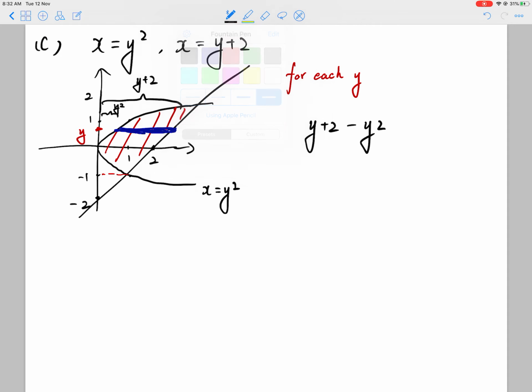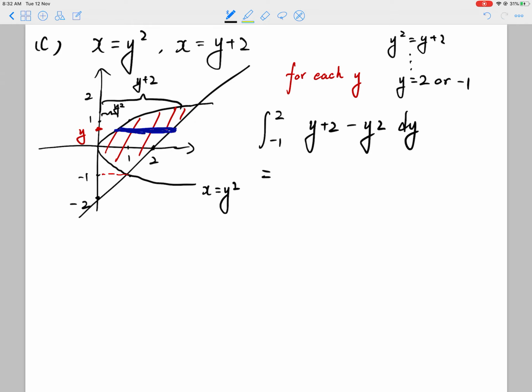Because if you equate these two equations, y squared equals y plus 2, you solve it, y equals 2 or y equals negative 1. So for y from negative 1 to 2, for each y, the length of x is this much. You just integrate this and you will get the red area.